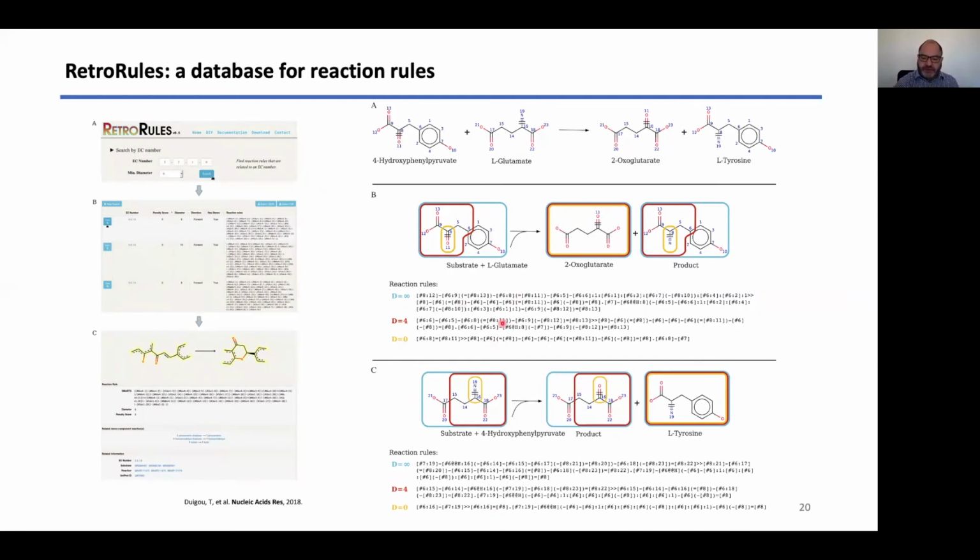All of this notation is what is called the SMARTS notation. The advantage is that it's very standard, and you can use it with multiple software. So that makes this database very convenient if you want to make predictions.